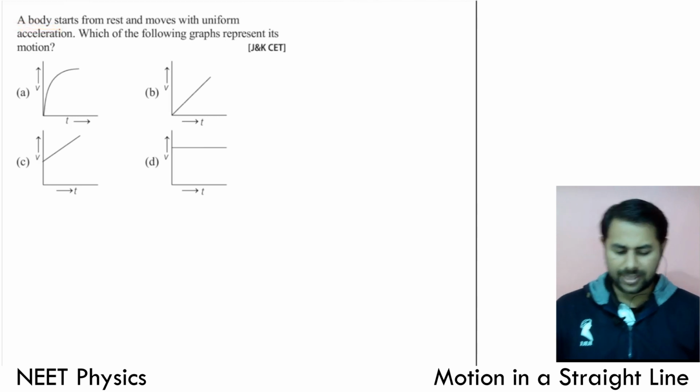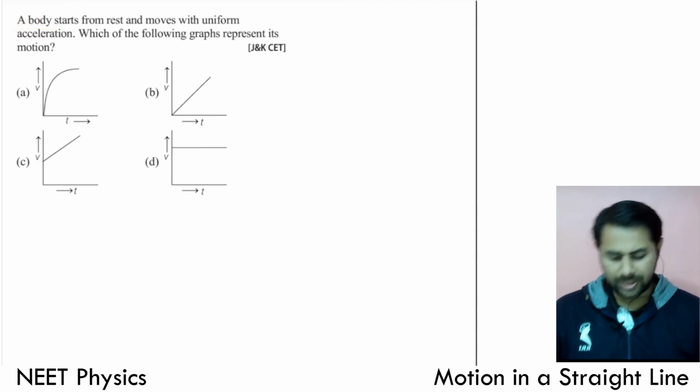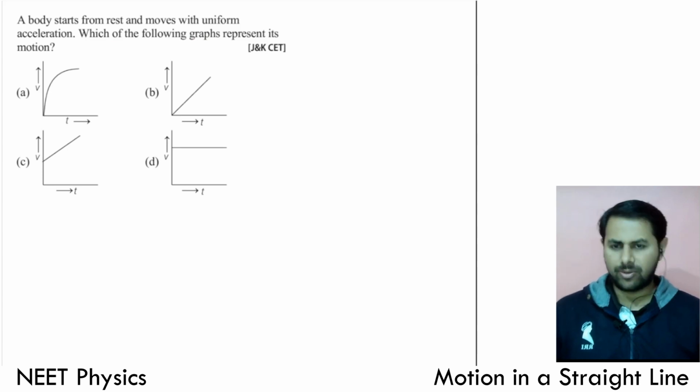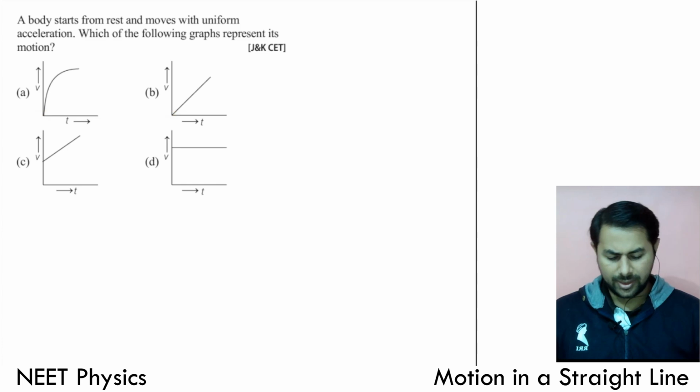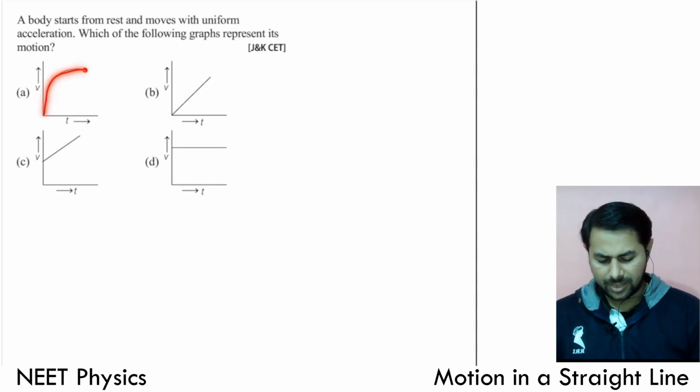A body starts from rest and moves with uniform acceleration. Which of the following graphs represents its motion? Starts from rest means initial velocity must be 0. So it's 0 here, it's 0 here. But then this graph goes like this, so this is retarded motion.